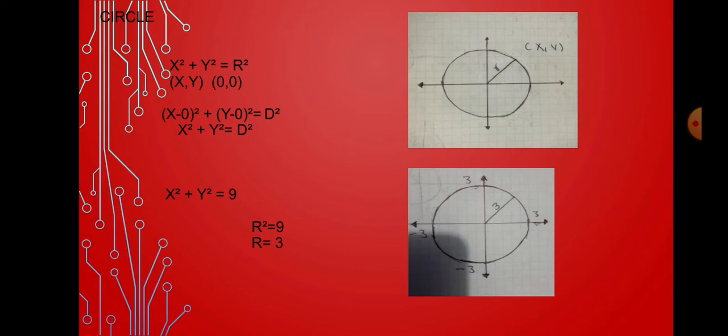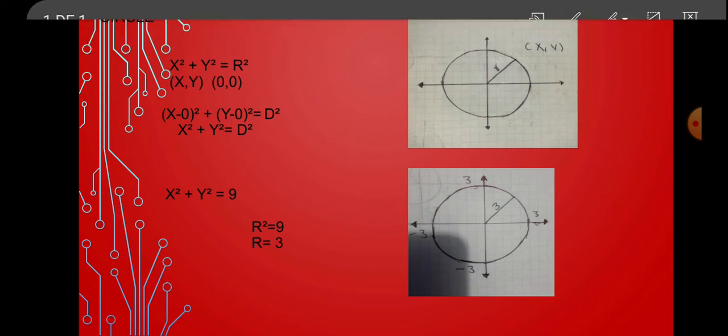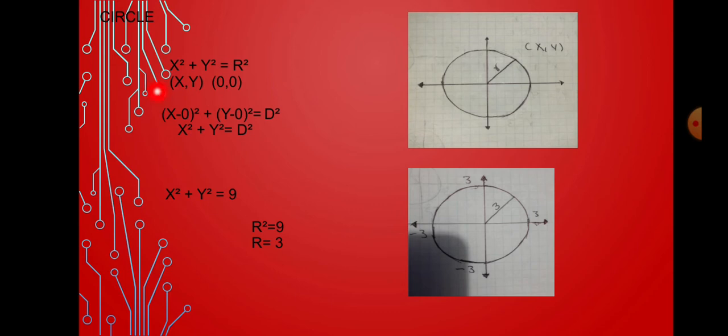The equation of the circle is x squared plus y squared equals r squared.